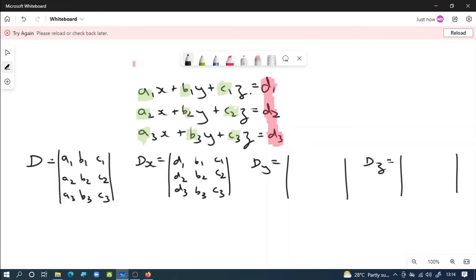We do the same thing for dy. So now we remove the coefficients of the variable y, which are b1, b2, and b3, and replace them with d1, d2, and d3.